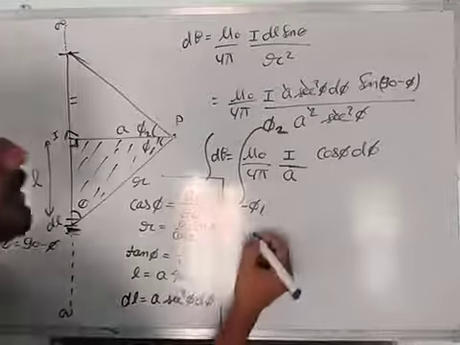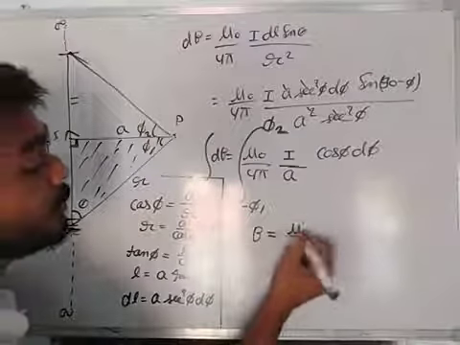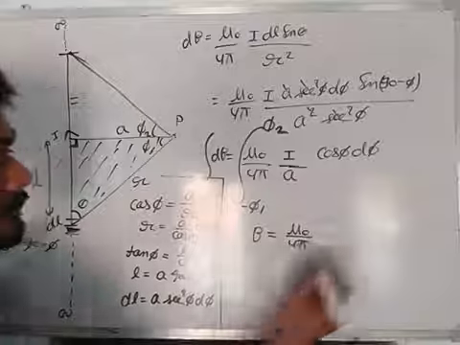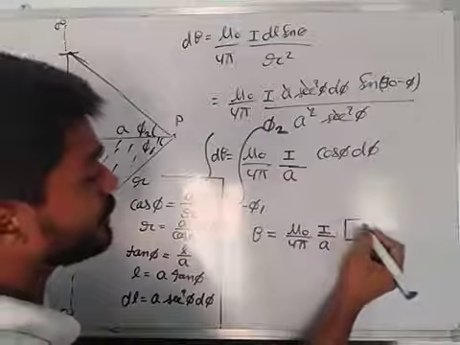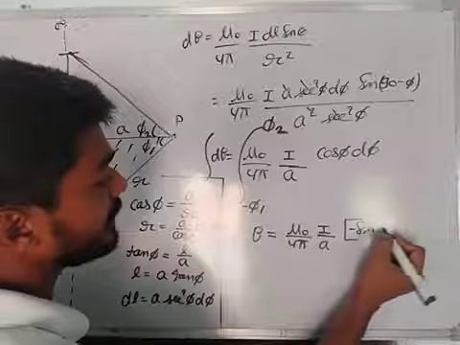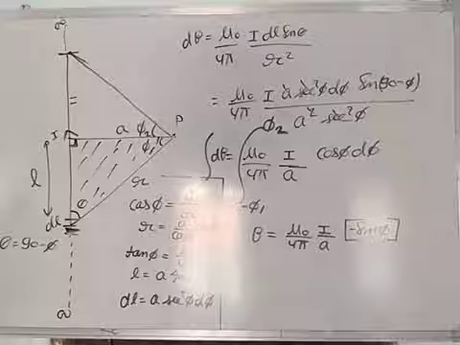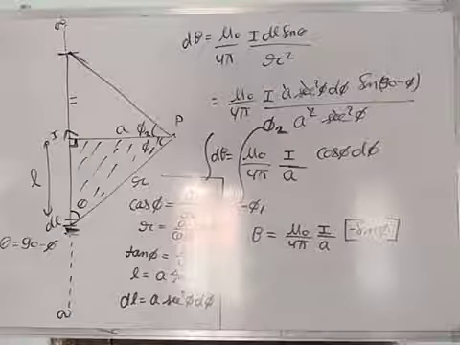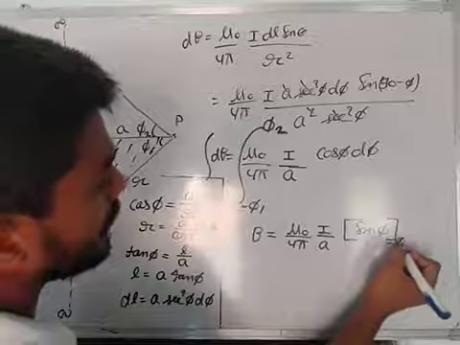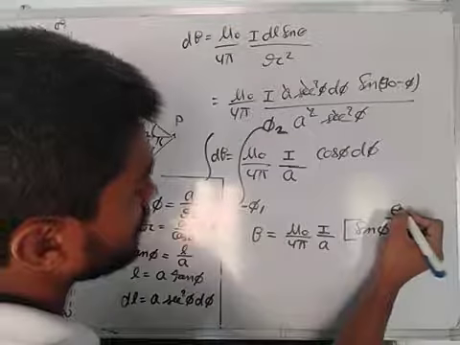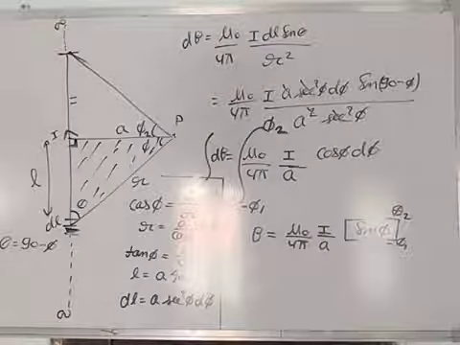Integrate now. Integration of dB is B = μ₀/4π · I/a times the integral of cos φ, and integration of cos φ is sin φ.